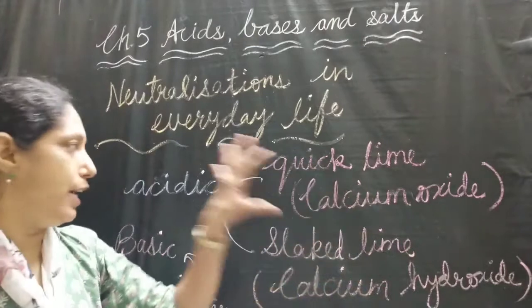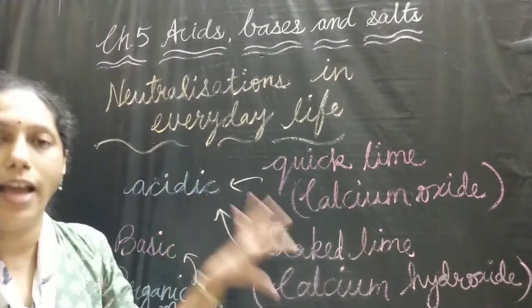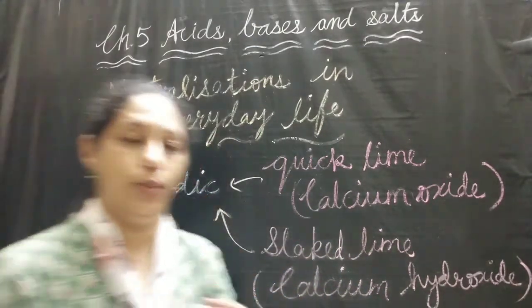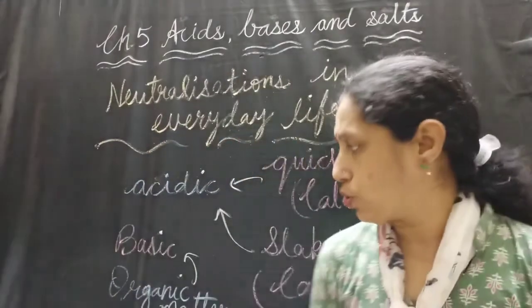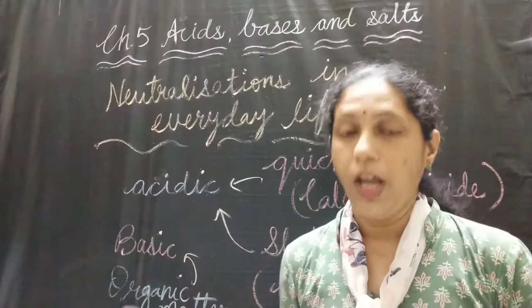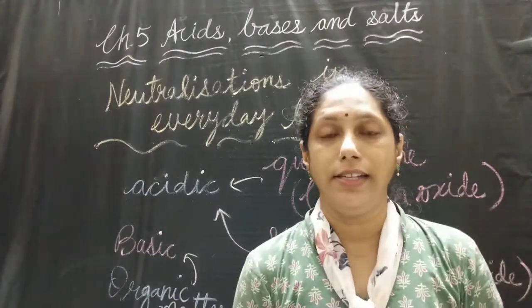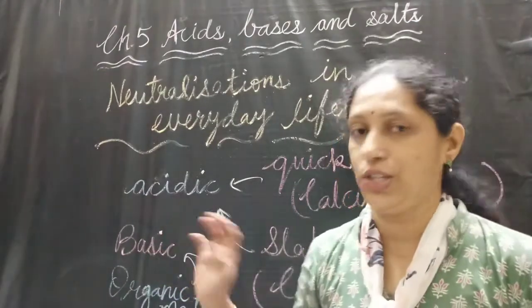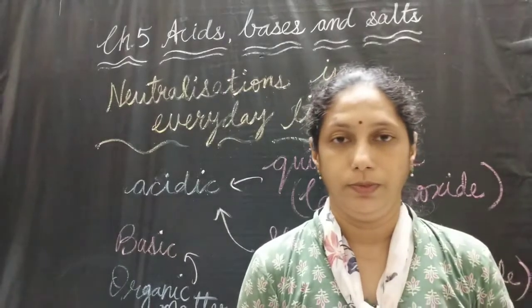These bases are added to the soil to neutralize the acidic nature of the soil. If the soil is too basic, then organic matter is added to the soil. Organic matter releases acids which neutralize the basic nature of the soil.